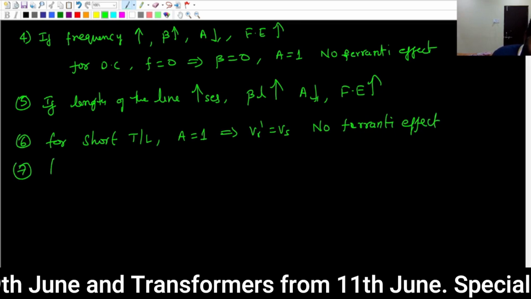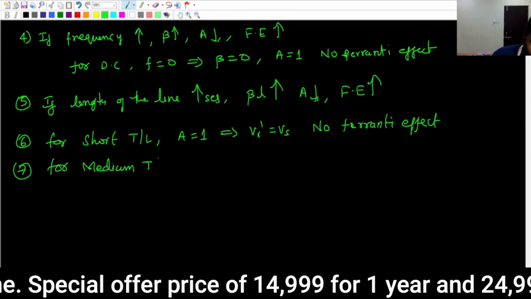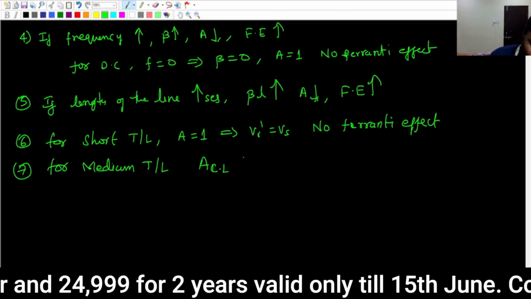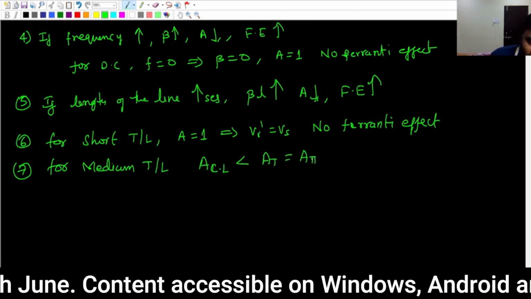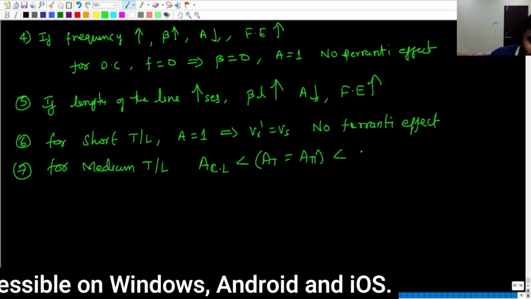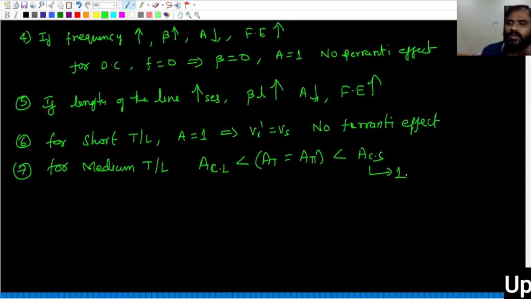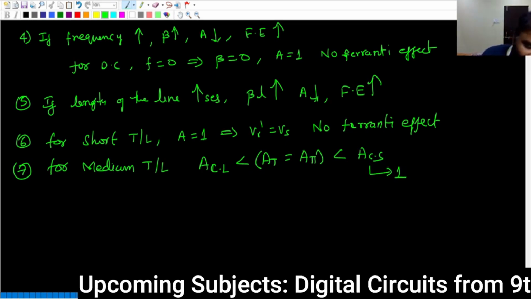Next. If it is a medium transmission line, you remember? In a medium transmission line, A for the CL model is what? Lowest. Then A of T equals A of pi. That means I am writing a comparison of parameter A. And for the CS model, it is 1. Capacitance at source end model, A value is 1. So from this, what can I write now?